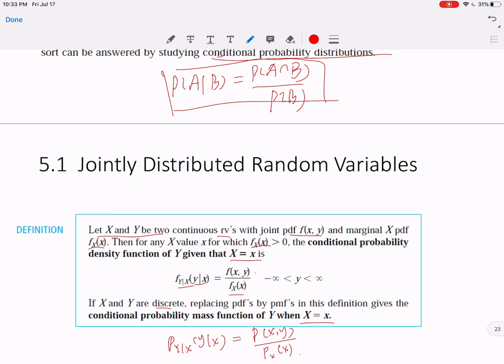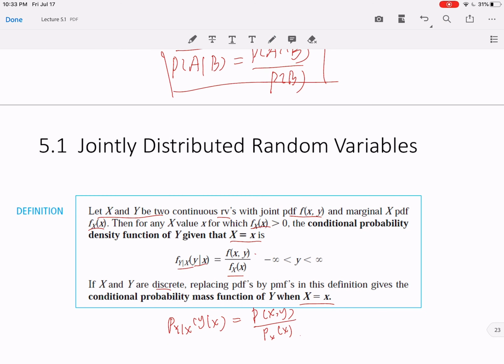Very similar to the idea we talked about here. The difference is that over here we're talking about two events, and over here two random variables. What is similar is that we get the probability of A and B on the top, and the probability of the given event or given variable on the bottom.